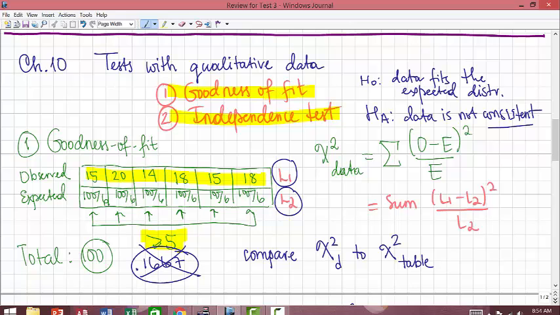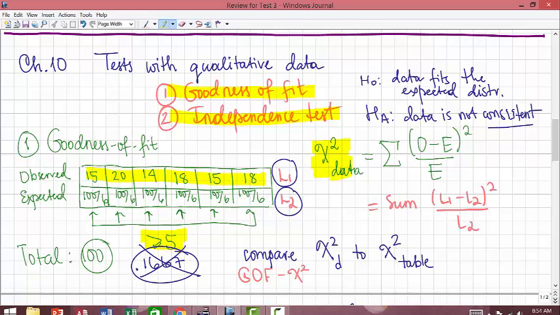Okay, now for those of you that use TI-84 calculator, you have a command on your calculator that will be goodness of fit, and I believe it's chi-square, something like that. And then you can run your test just using that command. Okay? Now, if you don't have it, then we need to find chi-square of the data. Okay?